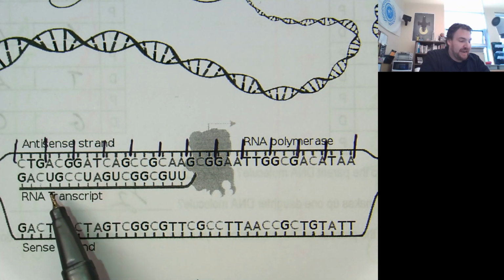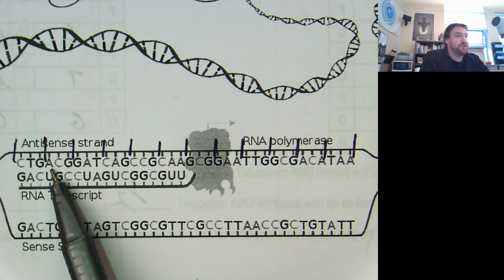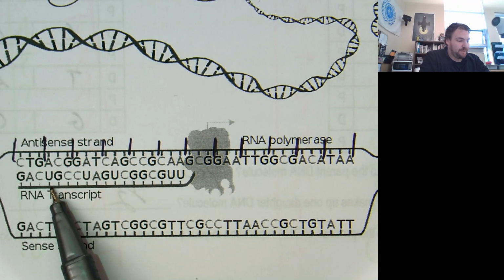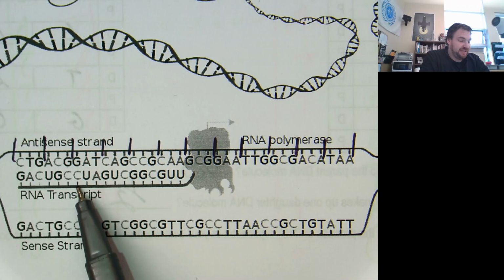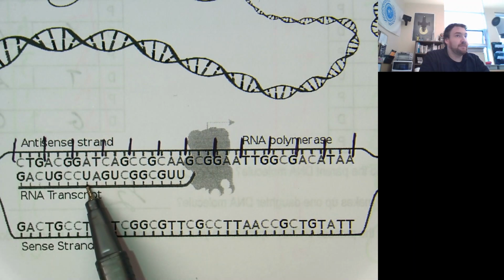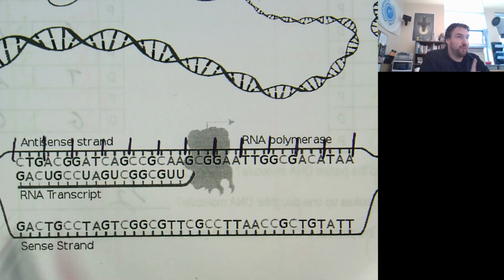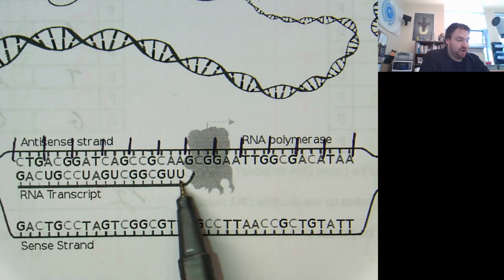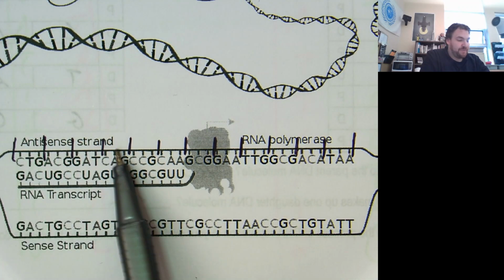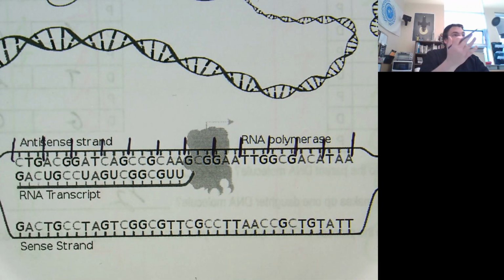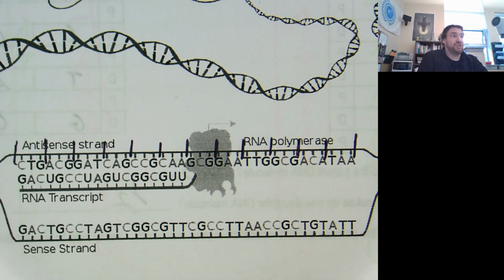But in the RNA, where there should have been a T that goes up with this A right here, that's where uracil gets plugged in. So A goes with U, C goes with G, G goes with C, G goes with C, A goes with U again. And then T goes with A, C goes with G. Anywhere where there was a T, you get this U in the RNA, and every single one of these codes for another amino acid, and then these amino acids get slapped together and you make your full protein chain.